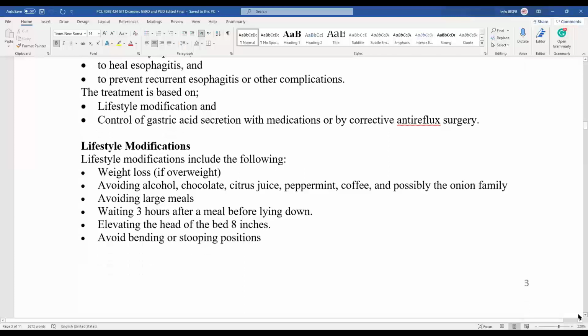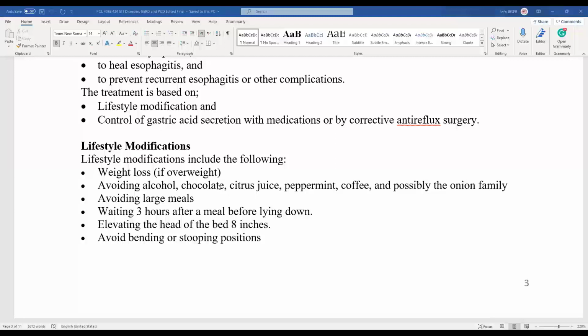So some of the lifestyle modifications include weight loss if the person is overweight, avoid alcohol or alcoholic drinks, avoid chocolate. But like I said, we should take things in moderation.